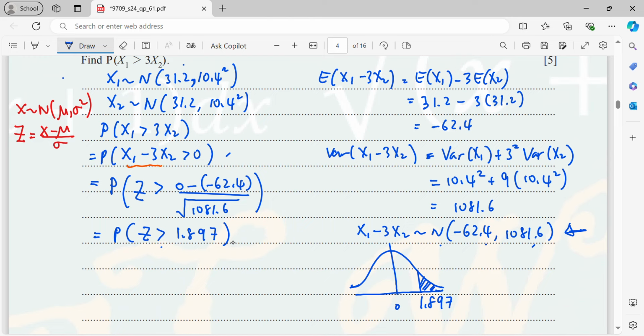So in order to get the blue region, that is 1 minus all previous region, because the previous region probability is available in the normal table. Then now read the probability from the table to get 0.9711. So when you minus from 1, that is going to be 0.0289. So this is the solution for question 2.